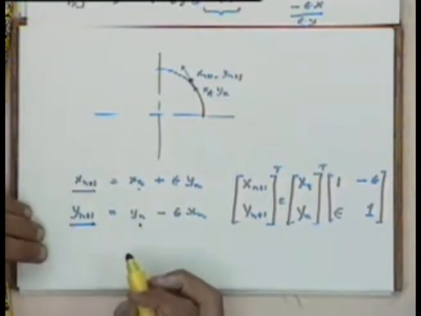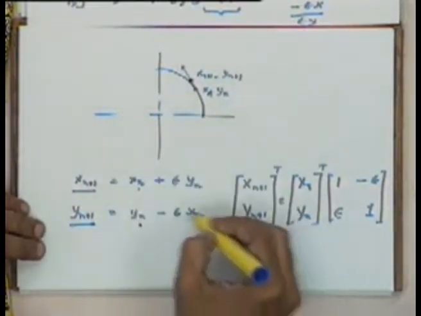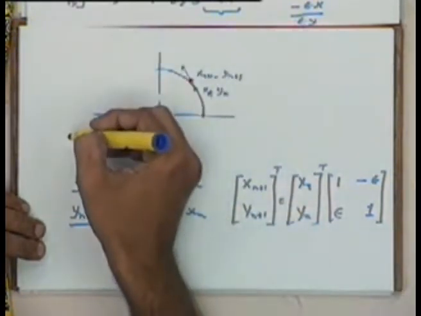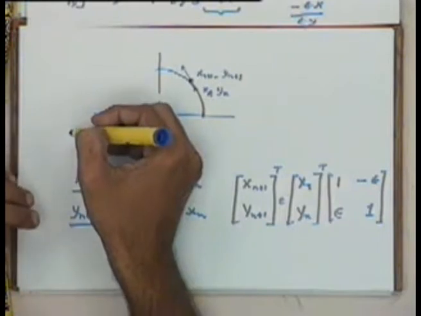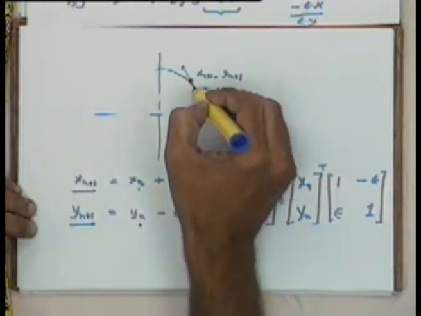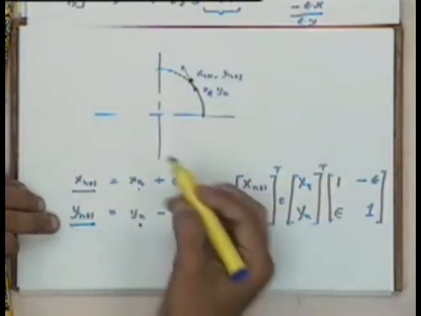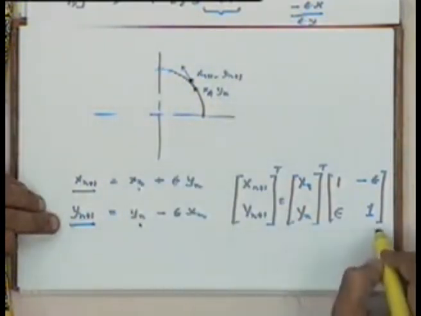Now if I keep applying this relation consecutively, this is the first pixel that has been drawn, next pixel is this. The next pixel to be drawn would again be found out by the same relation.